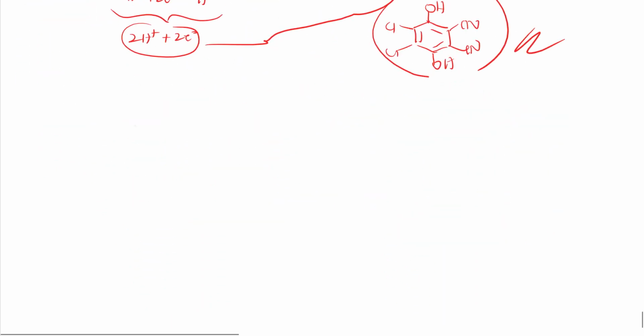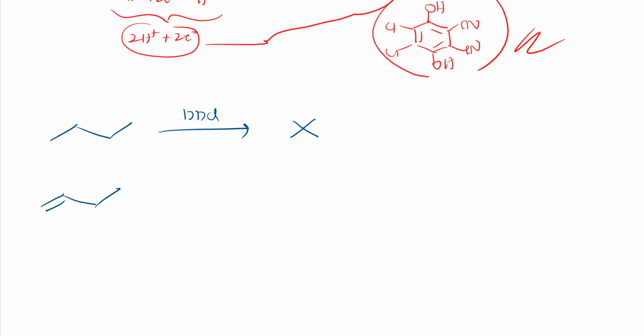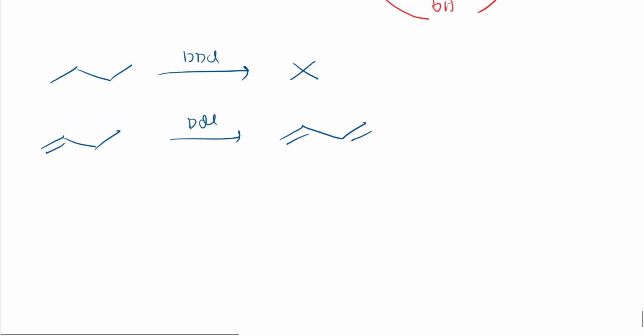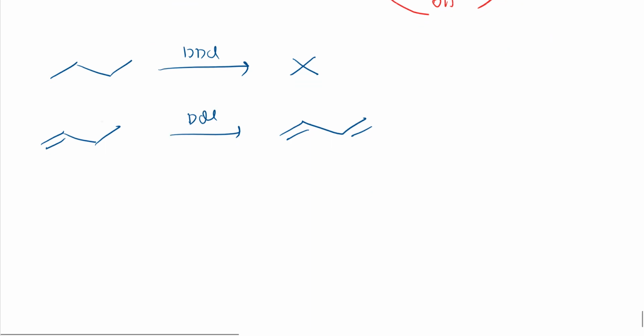Now onwards, see here, if I have a compound like this and to this I add DDQ, there is no reaction because there is neither an allylic nor a benzylic position. If I had a compound like this and I add one molecule of DDQ, I'll get this product, 1,3-butadiene. Now onwards, for the mechanism, you should first remember that I should first remove this hydride.